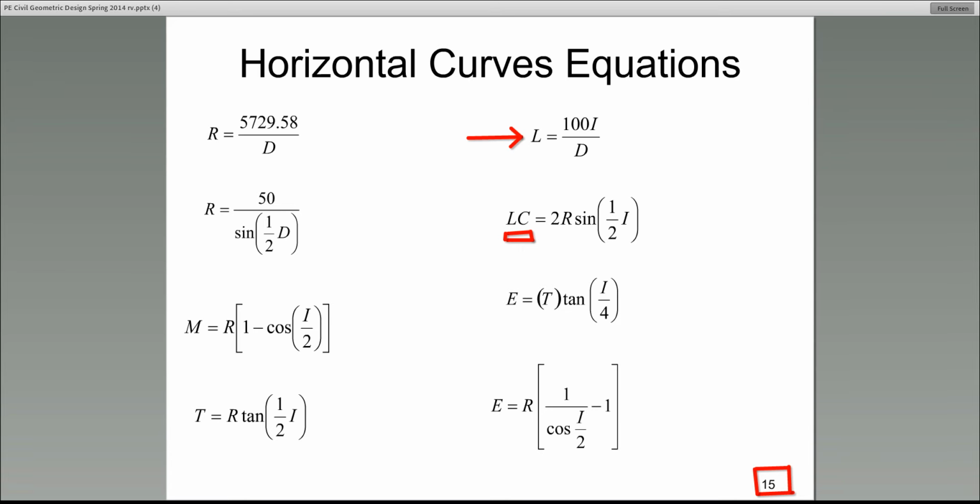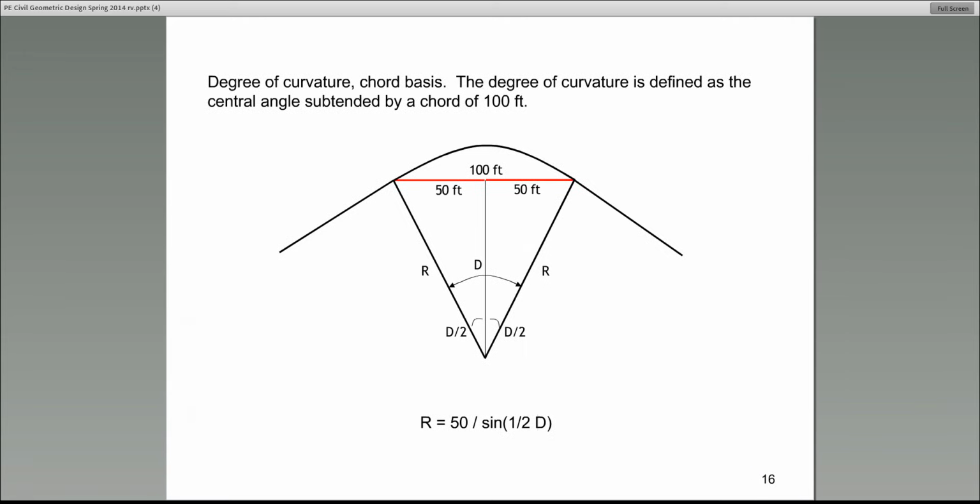External distance. And Fahmy is saying, why are there two equations to calculate E? Actually, I gave you three equations to calculate E. Just the relationships work that way. There is no magic about it.